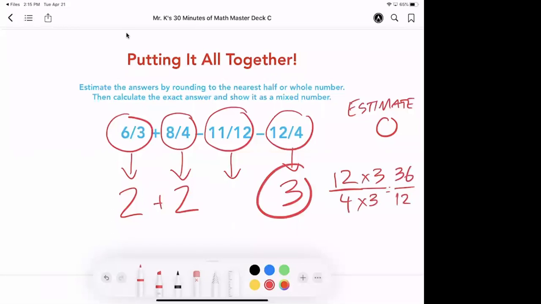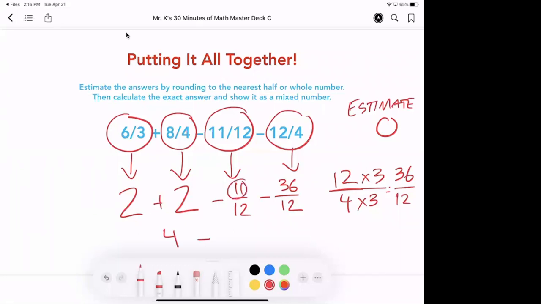All right, so let's use that. Minus 11/12 minus 36/12. Okay, so 2 plus 2 is 4 minus 11/12 and minus 36/12.